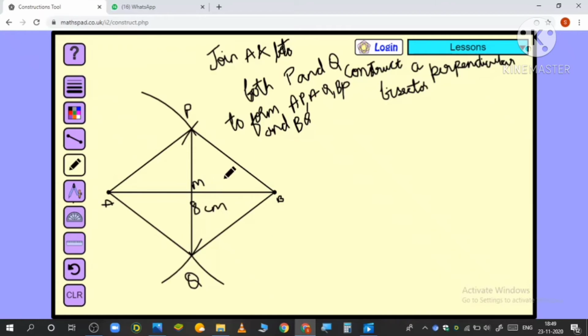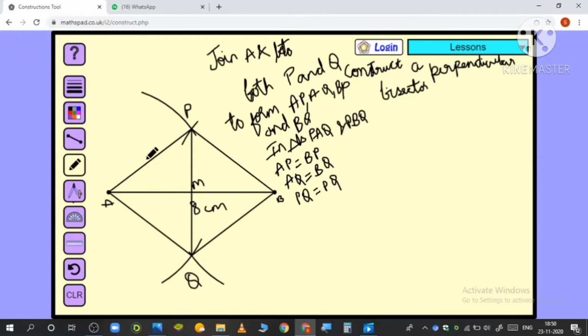You can see there in triangles PAQ and PBQ, we are considering the triangles PAQ and PBQ. So in this, AP is equal to BP, they are arcs of equal radii, and AQ is equal to BQ, arcs of equal radii.